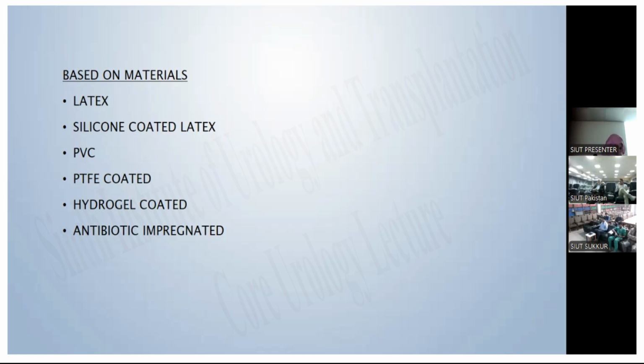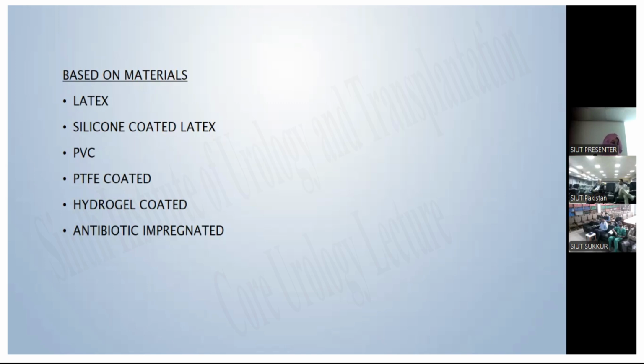PTFE coated, it's a non-stick. Yes, sir, which means it's hydrophobic, right? This hydrogel is hydrophilic. So what do phobic and philic mean? In phobic, the water doesn't get attached to it, and the other way around for the hydrogel, the water will get attached.